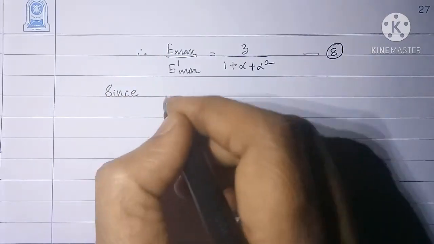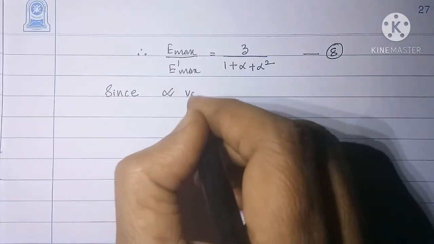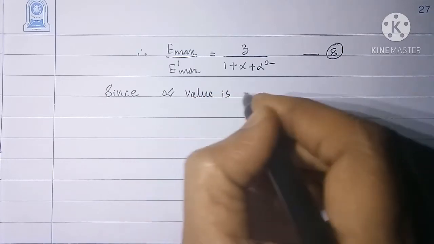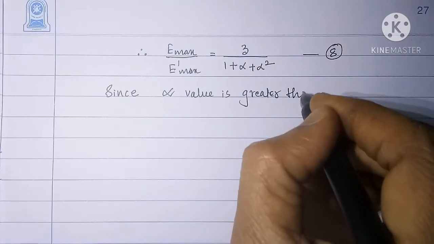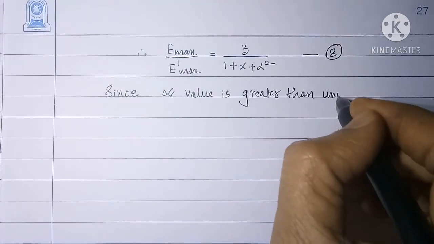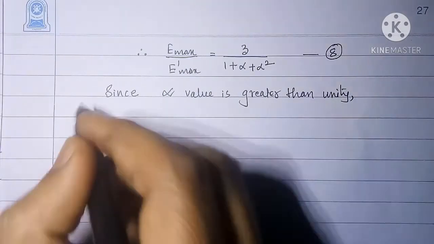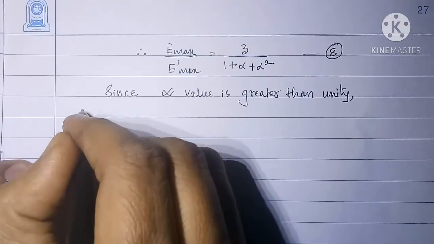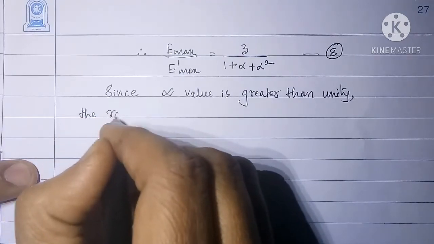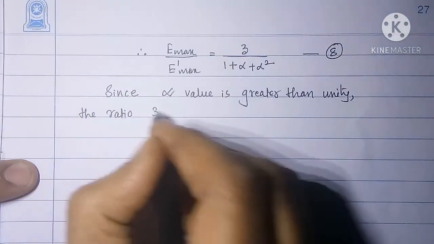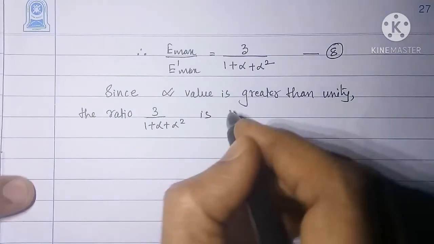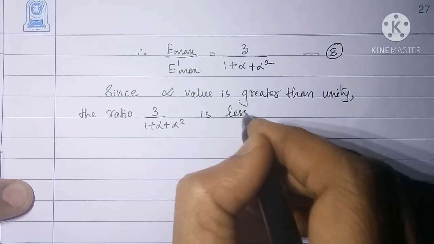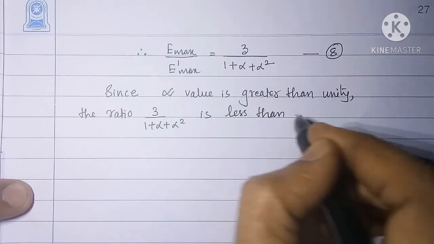Since alpha value is greater than unity, the ratio 3 by 1 plus alpha square is less than unity.